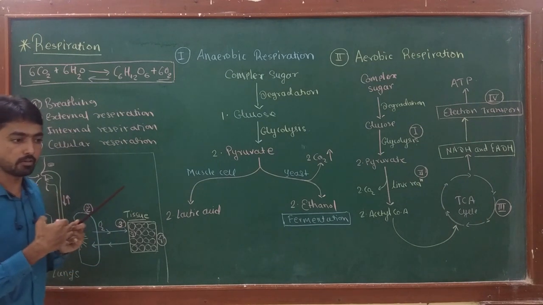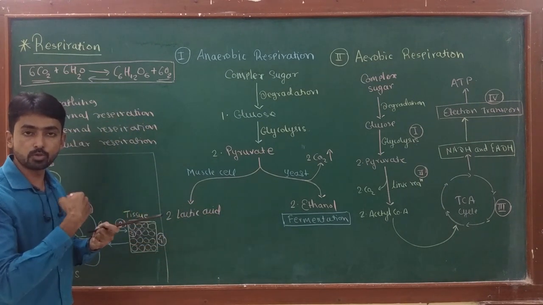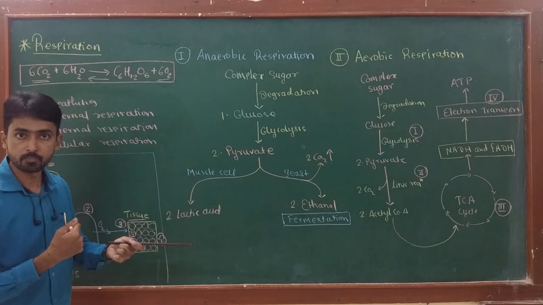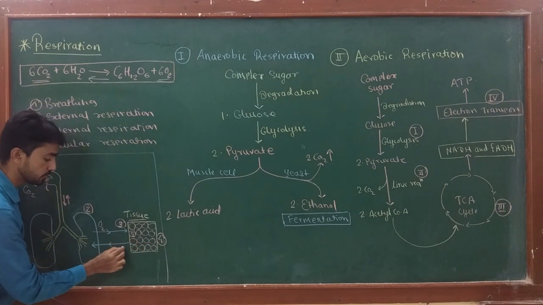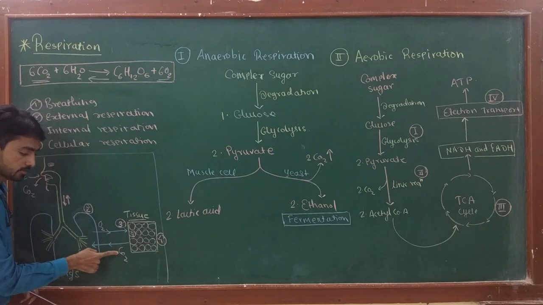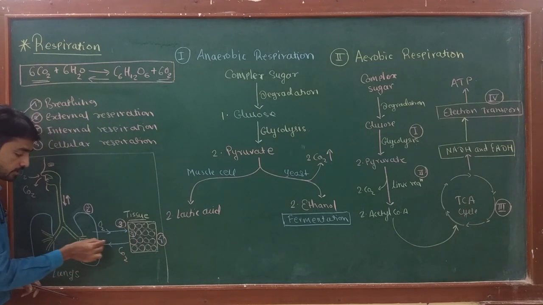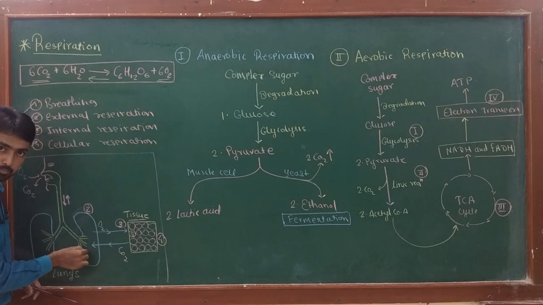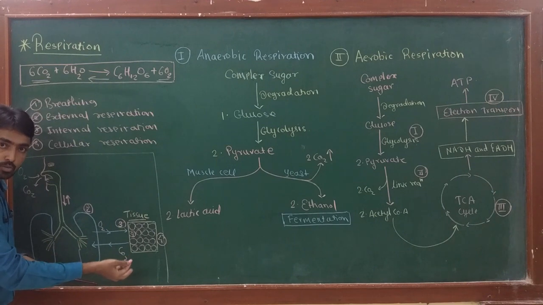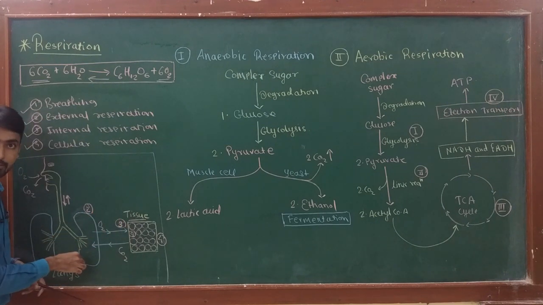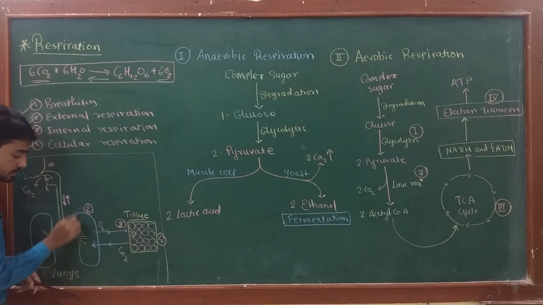That means blood delivers oxygen and receives CO2 from the cell at the same time. Once blood receives CO2, this carbon dioxide molecule is transported back into the lungs. When this carbon dioxide reaches the lungs by blood, the CO2 is transported from the blood to the alveoli, or the air sacs, present in the lungs.